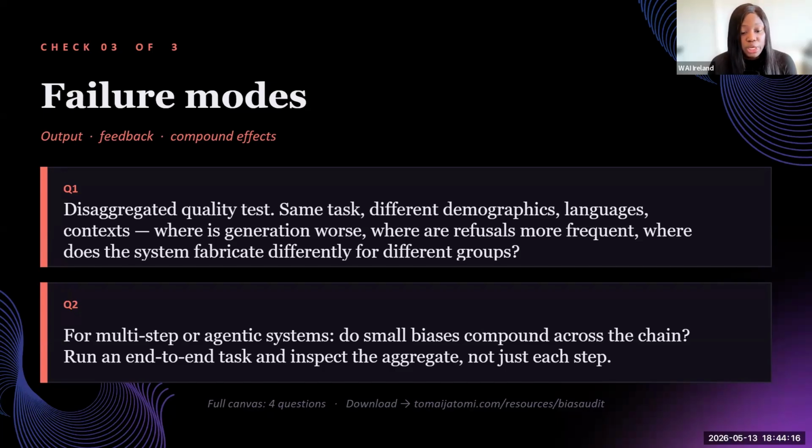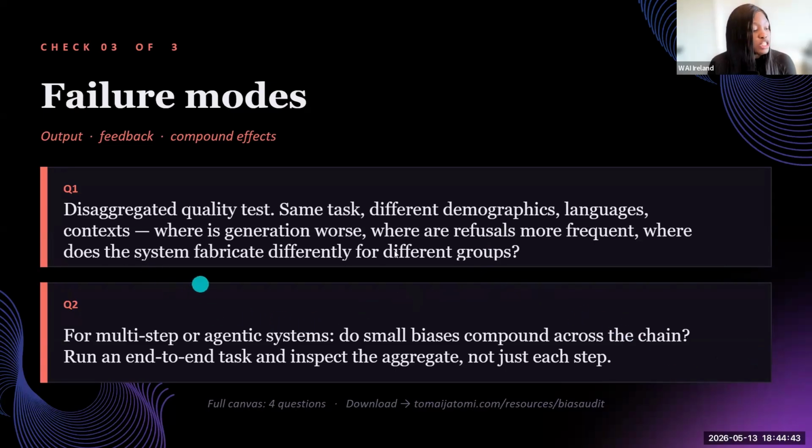So for example, going back to our AI hiring assistant, right? If we ask the system to summarize 10 CVs that are identical in credentials but have different names, does the summary for some names inflate their achievements, while for others it fabricates several things, maybe certifications and things like that, right?